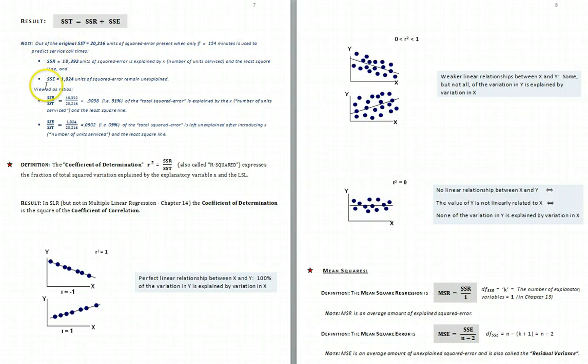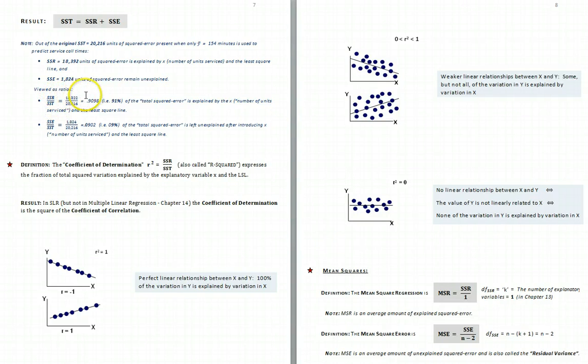One way to use these quantities is we can compute the percentage of variation that is explained when we introduce the X variable in the simple linear regression line as SSR over SST.